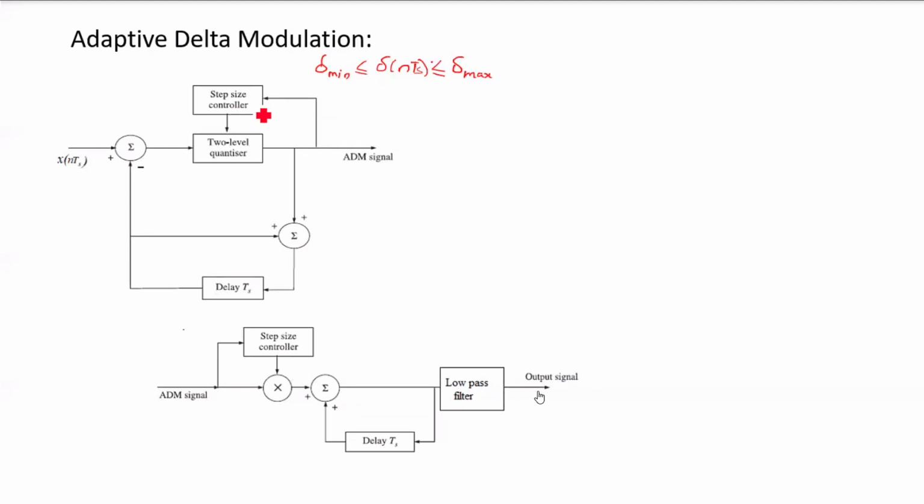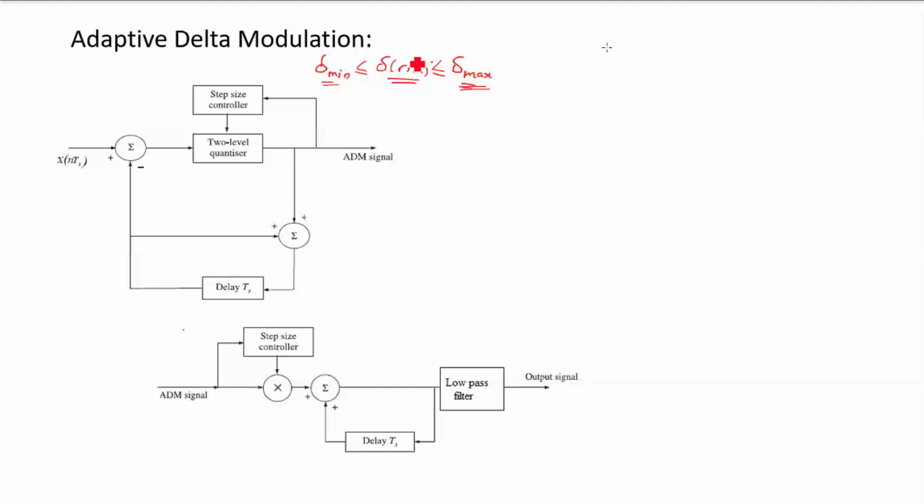So this step size controller varies delta from minimum to maximum. When should it be minimum? Delta of n Ts should be minimum when the signal is settled. It has to be maximum when there is a steep slope: you increase delta.